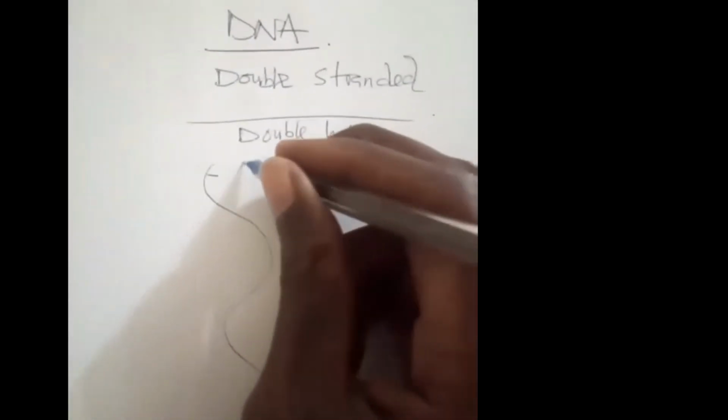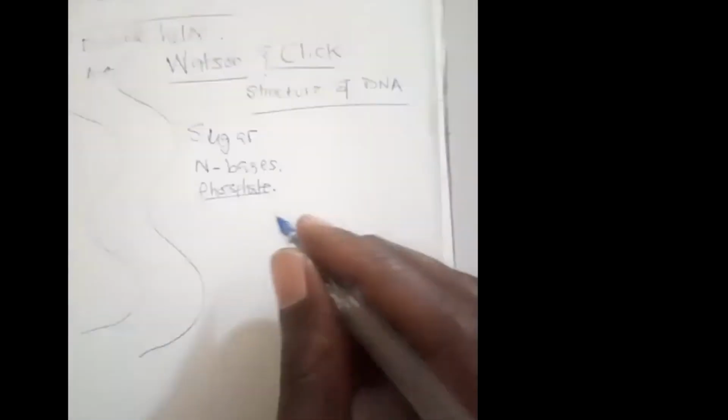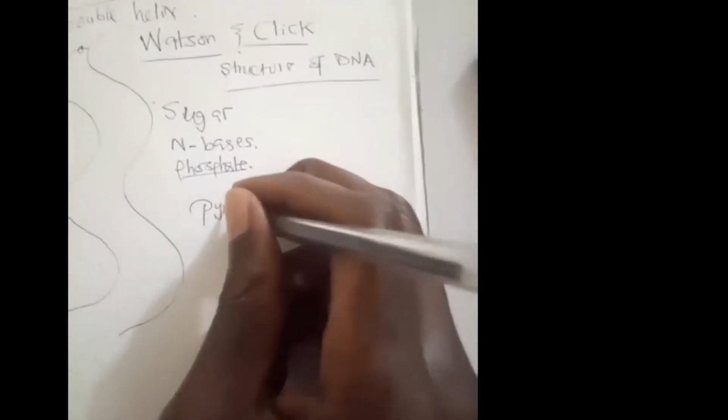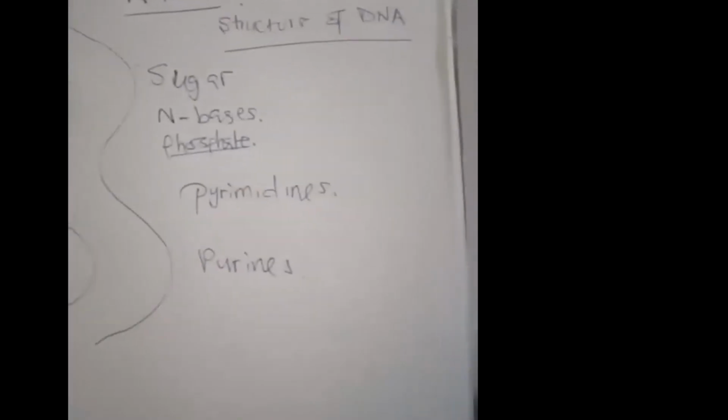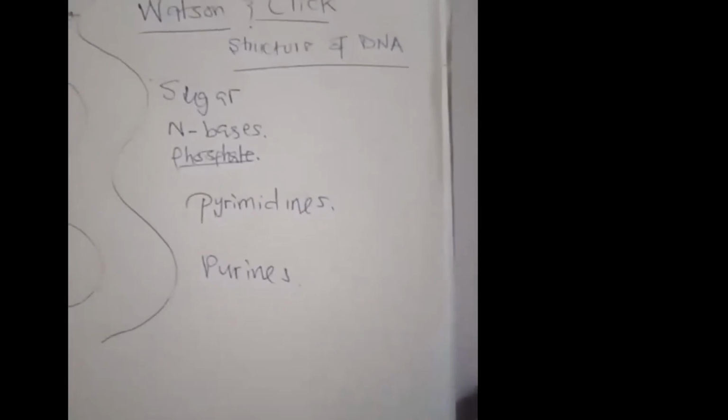Then you've got the base. Now, there are two types of bases that you should know: pyrimidines and purines. How do you know which ones are pyrimidines and which ones are purines?